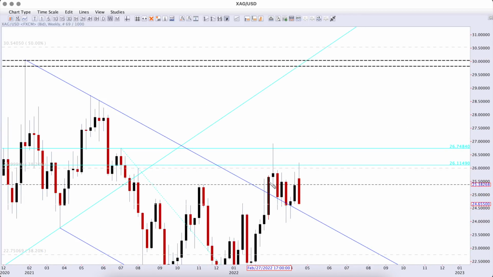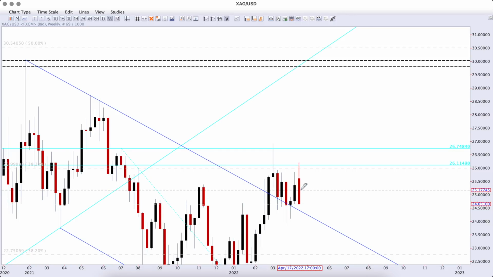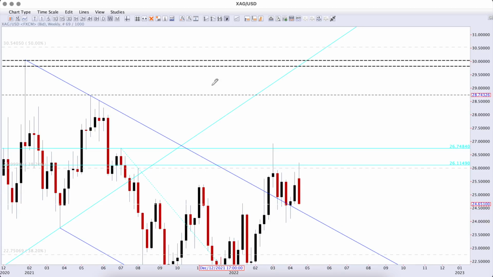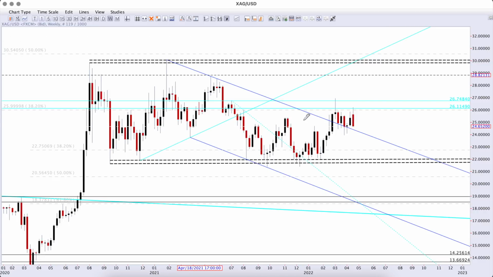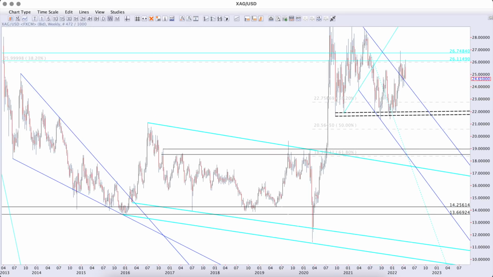Here's the breakout week. 1, 2, 3, 4, 5, 6, 7. So this is only the 7th week following the break of the primary downtrend, whereas back in 2016, it consolidated in here for 9 weeks.